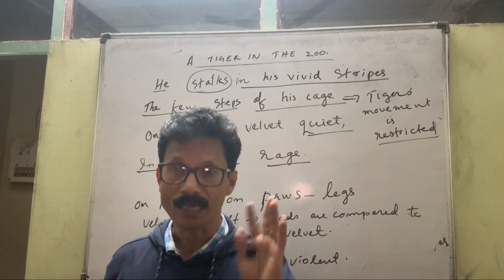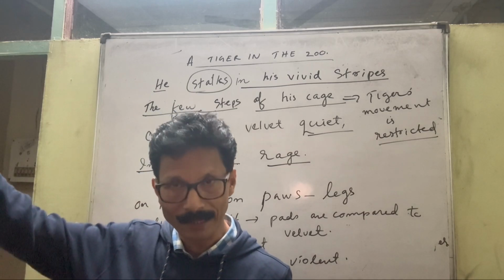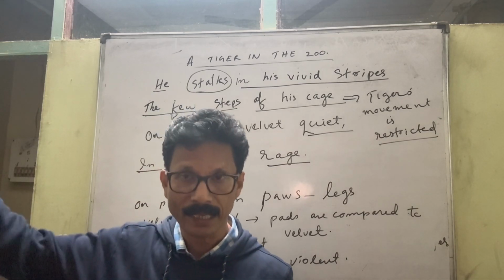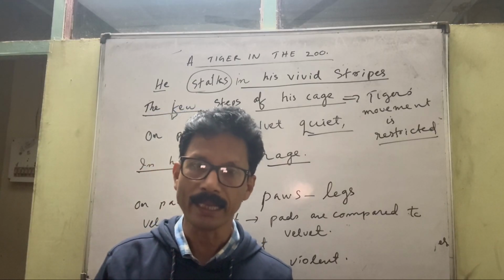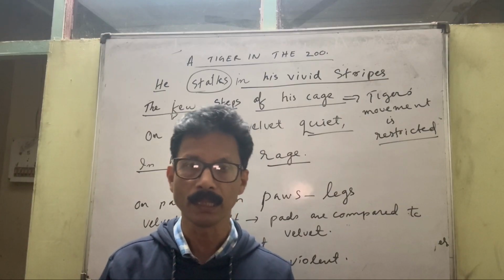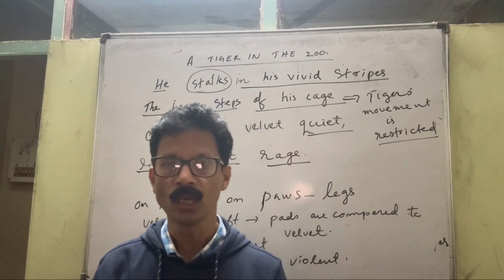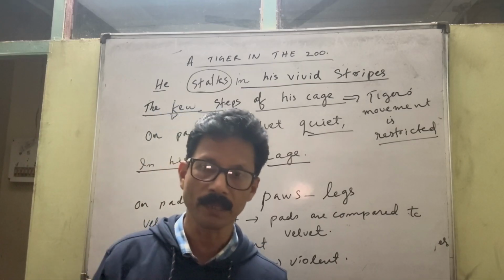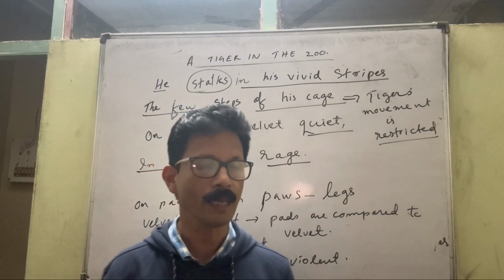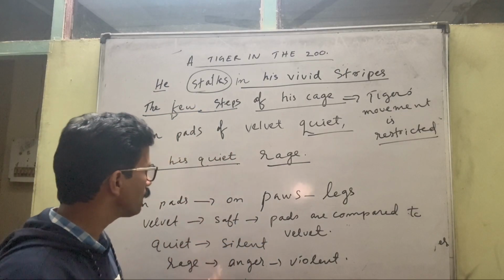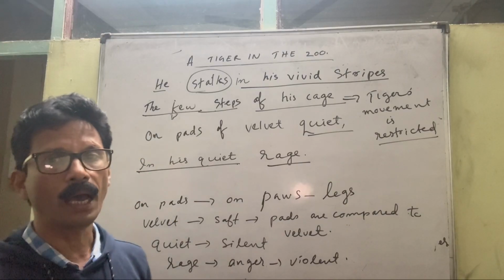The poet does not like that the tiger is taken away from his natural habitat and is put in the cage, away from its natural habitat. This is the meaning of the first 4 lines of the poem.